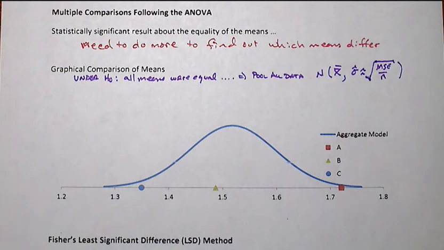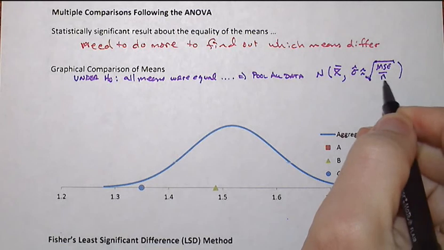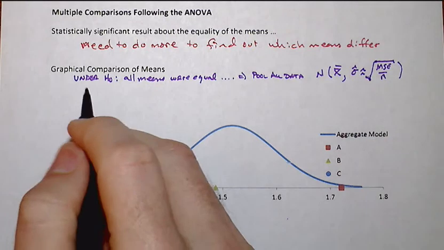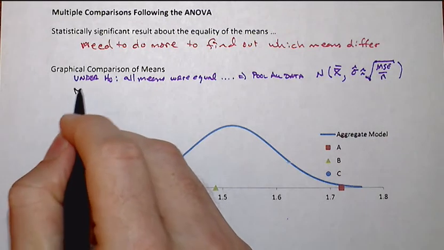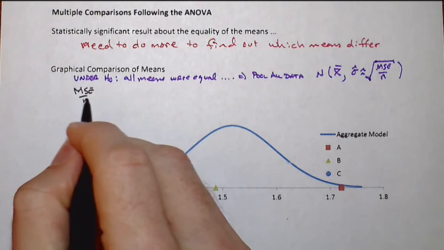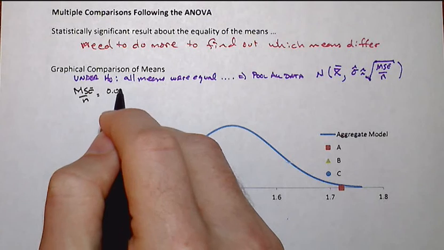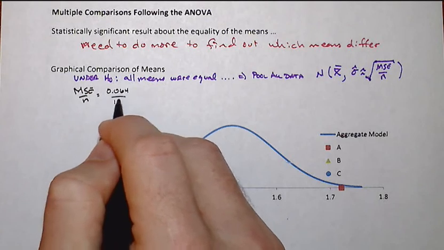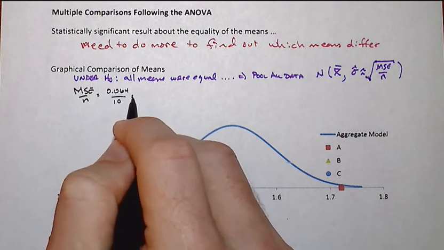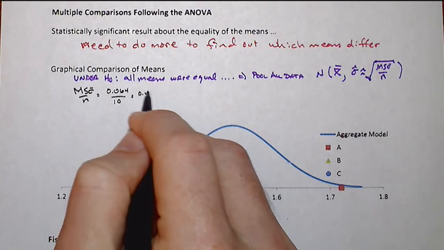This is not capital N, and the textbook will show how you can do this as an aggregate if you have different sample sizes, if Ni does not equal Nj. For us it does. So MSE over n for our specific case was 0.064 divided by 10, so 0.0064.